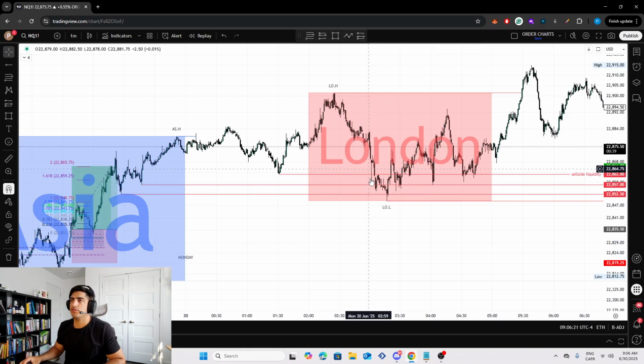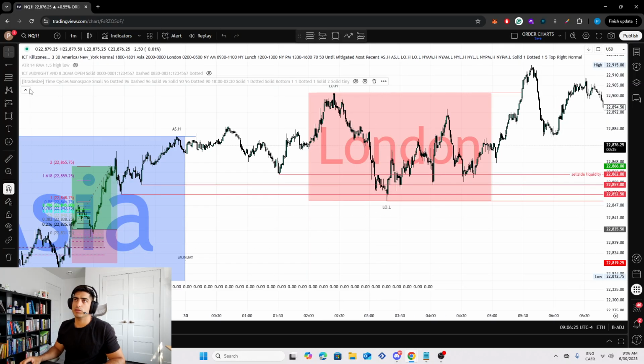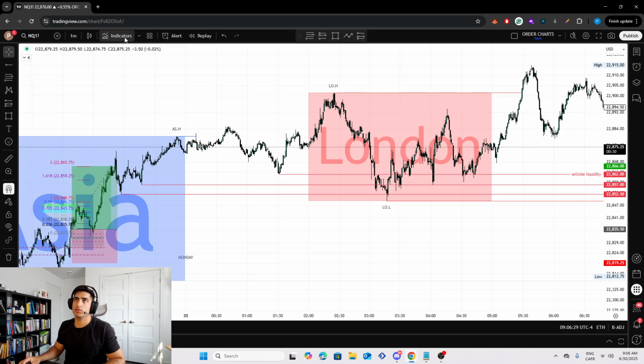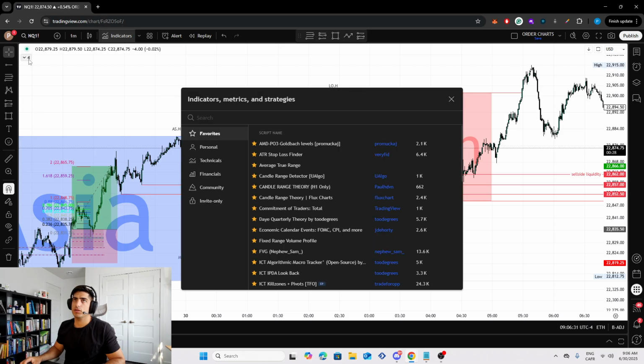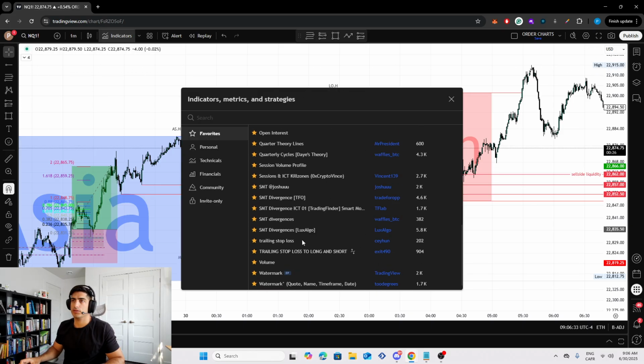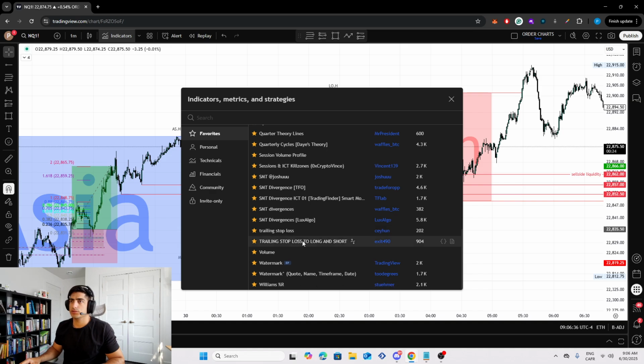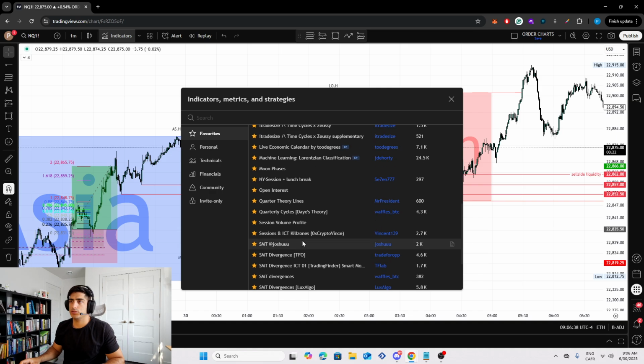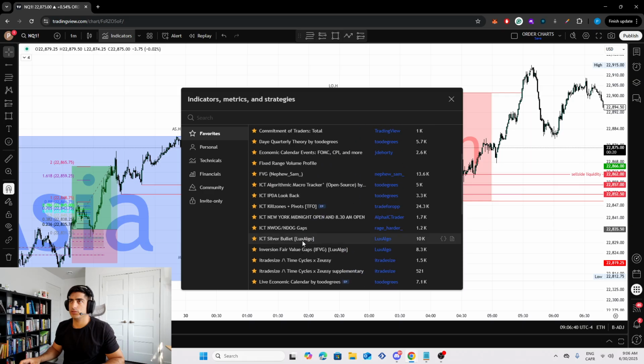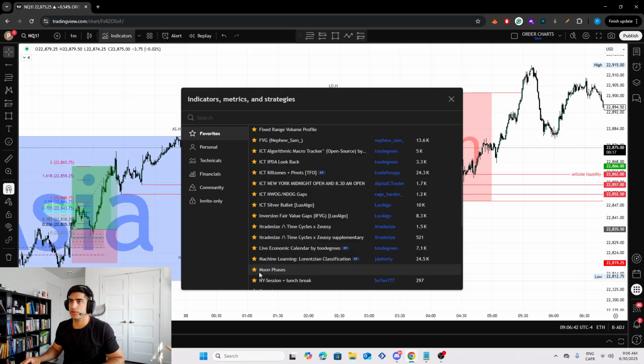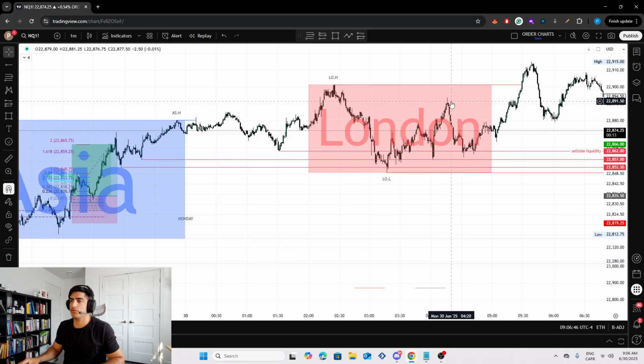So on this drive down, which coincides with, let's see, I like putting a little indicator on called time cycles over here, like for the macros.